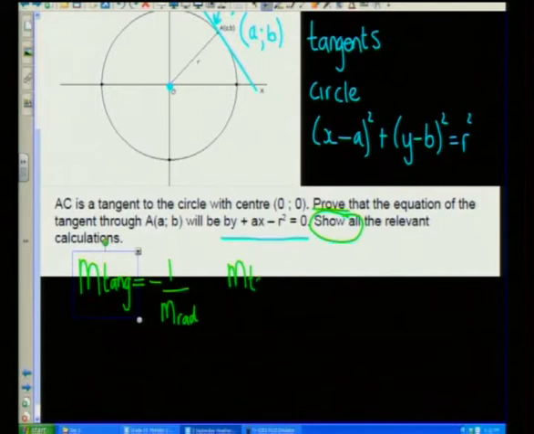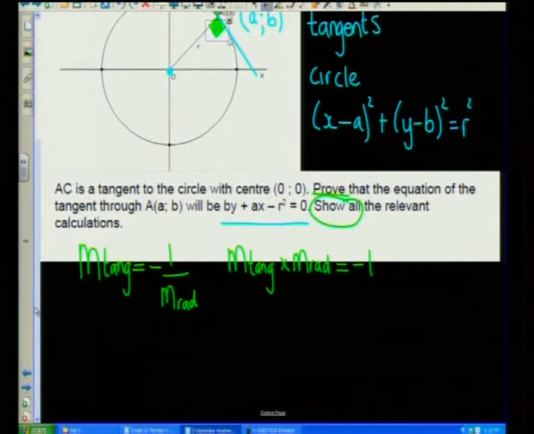So the gradient of the tangent multiplied by the gradient of the radius must come to -1. The reason for that is because that angle created at the point of contact is a 90-degree angle. Okay, so let's start with what we know.